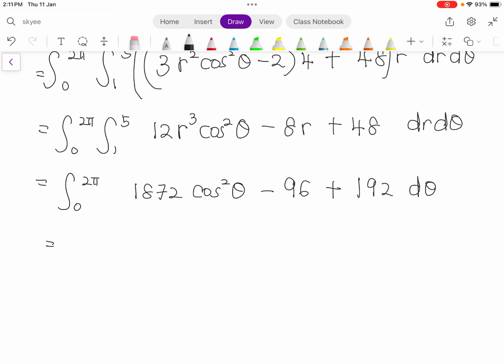And integrating cos squared x from 0 to 2 pi is equal to pi.